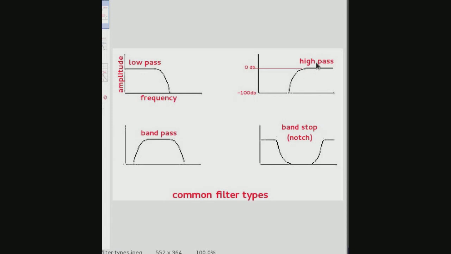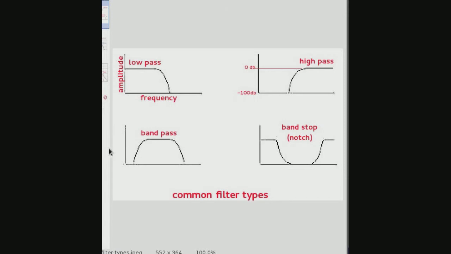And as it makes sense, high pass filters are exactly the opposite. They're going to cut off all low frequencies, slowly roll up, and then pass the high frequencies. A band pass is going to pass a specific band of frequencies.